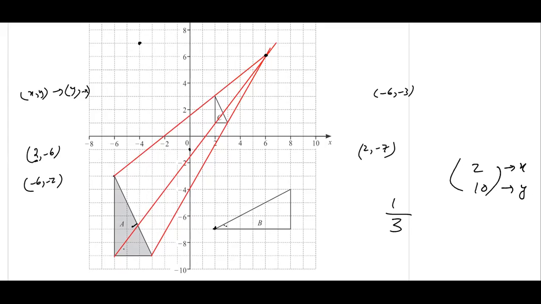So this point will shift here. What about this one? 2, then 1, 2, 3, 4, 5, 6, 7, 8, 9, 10. This point will shift here. What about this one? 2, then 1, 2, 3, 4, 5, 6, 7, 8, 9, 10.